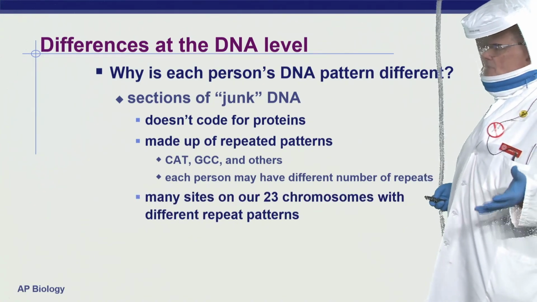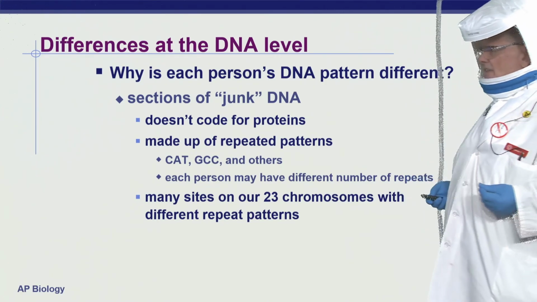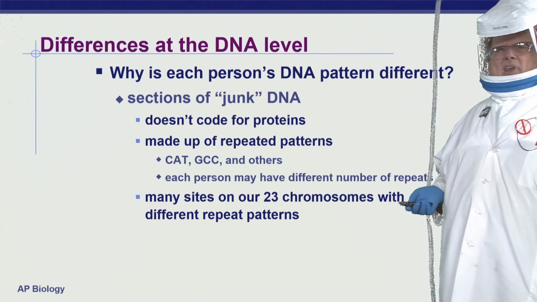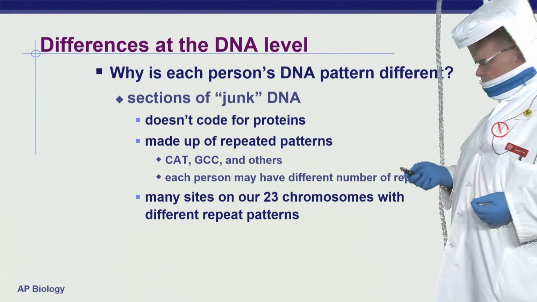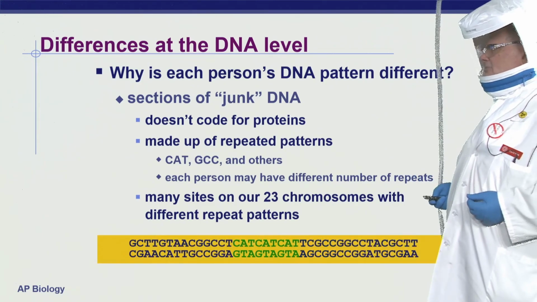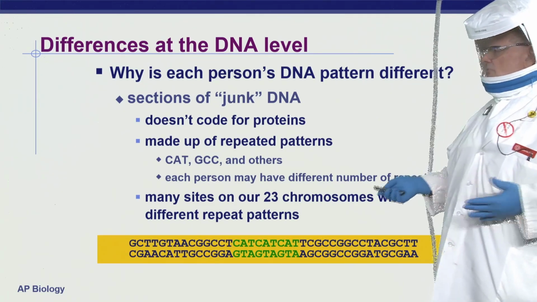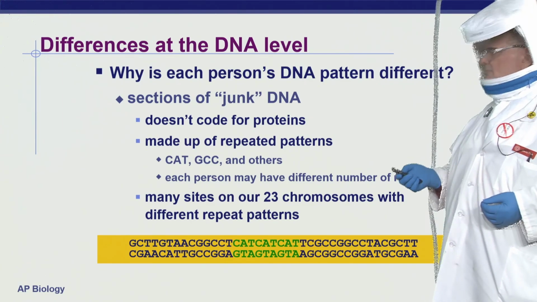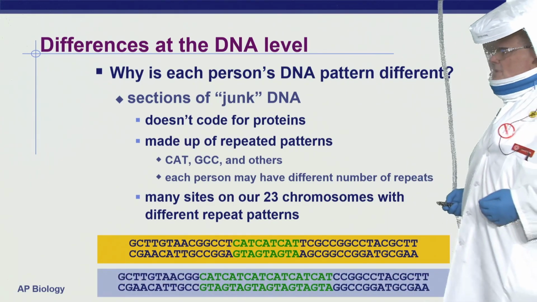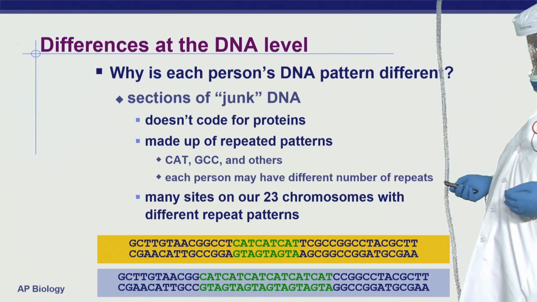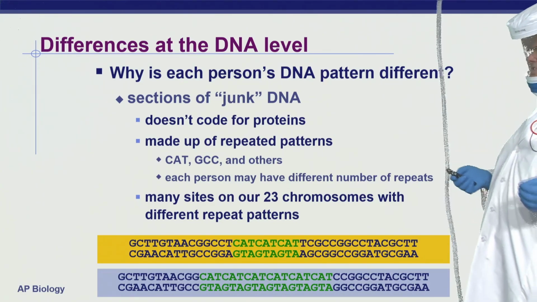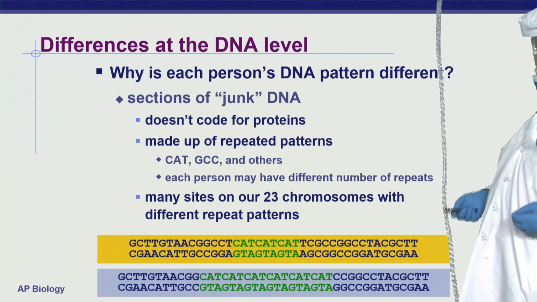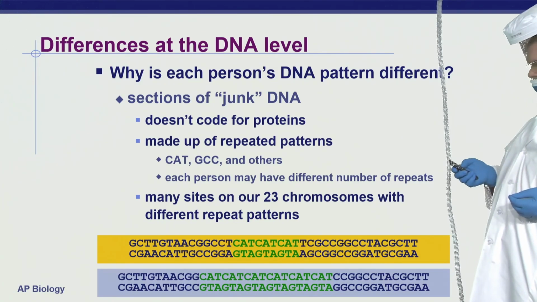You have 23 chromosomes, unless you have an abnormality, and many of the sites on those 23 chromosomes will have different repeat patterns. And so there it's showing one example compared to another, so that the CAT pattern is repeated more in the bottom one than the top one.